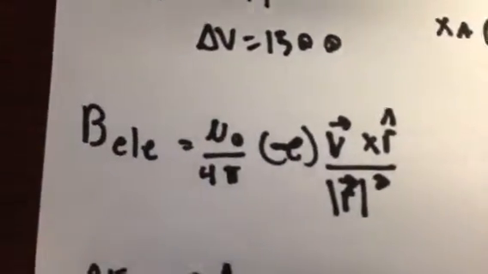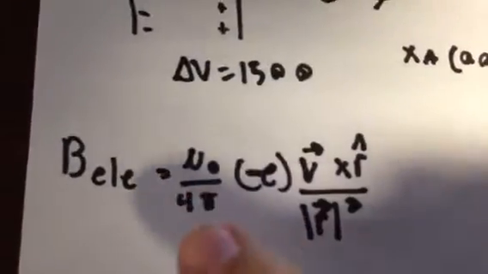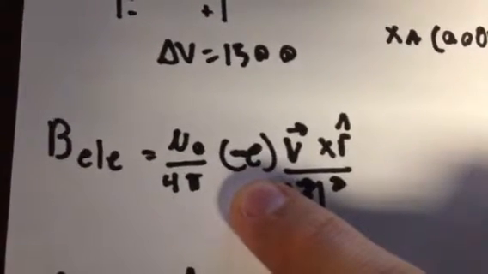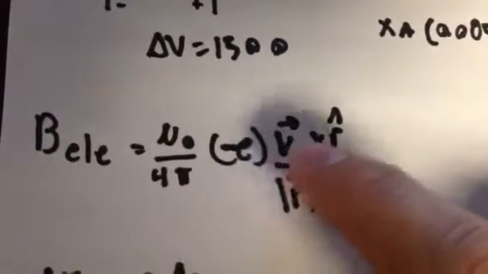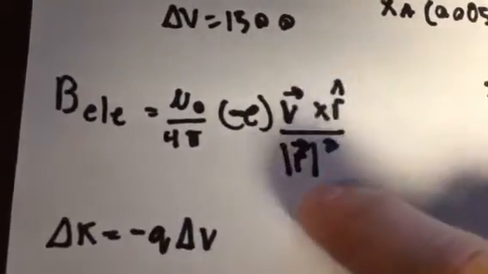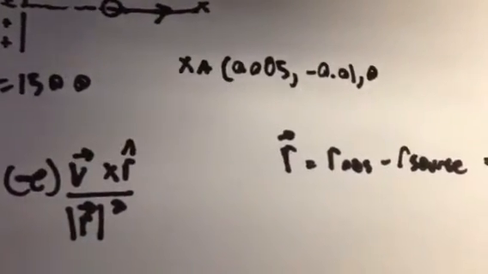To find this, here's the equation for the magnetic field. You have the constant times the charge, which is negative e, which is negative 1.6 e to the negative 19th, times the cross product of the velocity and the position vector divided by the position vector squared. To find the position vector, as always, it's r equals r observation minus r source.